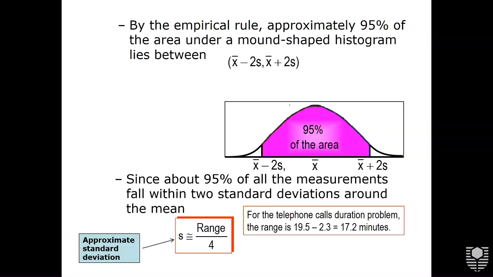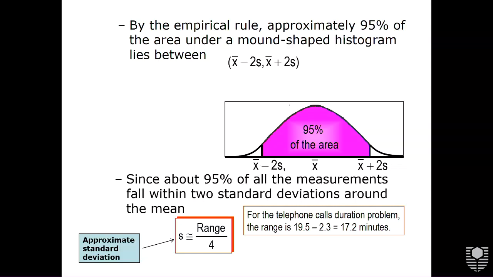In here, when we calculate the approximate standard deviation, because we don't know the standard deviation exactly, for this 95% we're going to use the formula: standard deviation equals the range, the range inside the box in here, divided by 4.